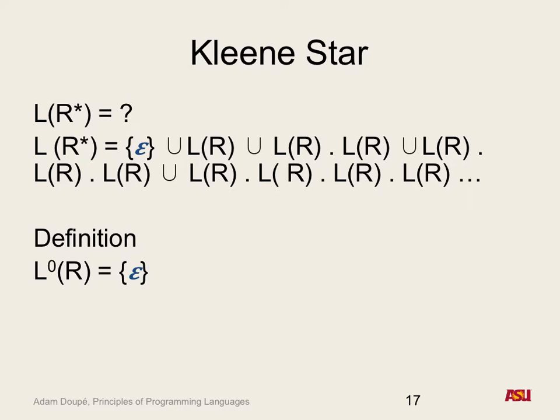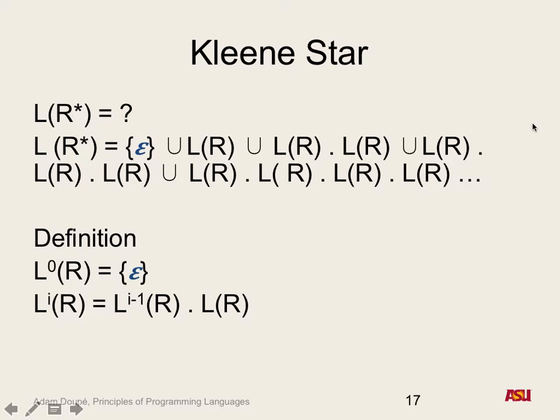So we're going to define a new kind of function on languages, or a relation here. We say L0(R) is the set containing epsilon. For any given Li, it's the one that came before it, L(i-1) concatenated with L(R). Does everybody agree with this?